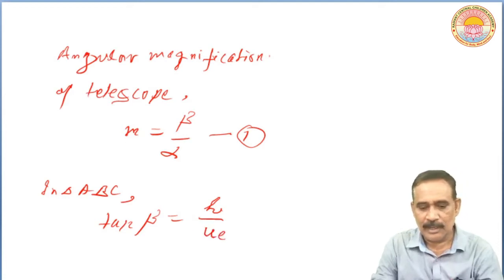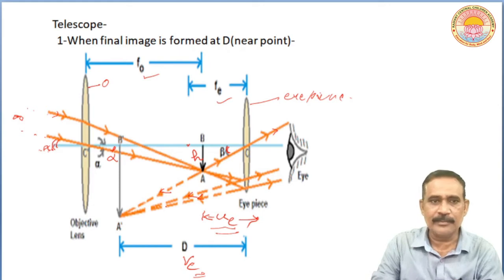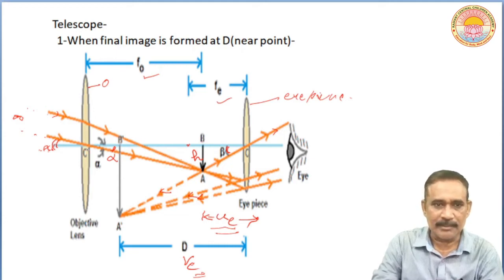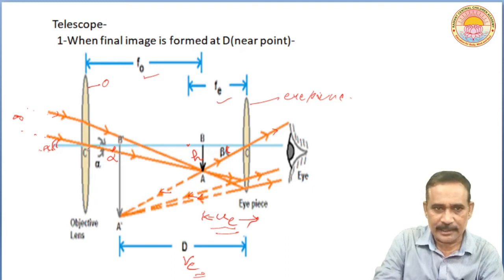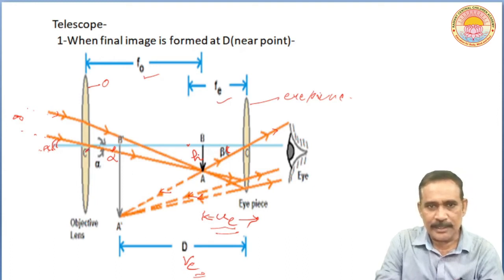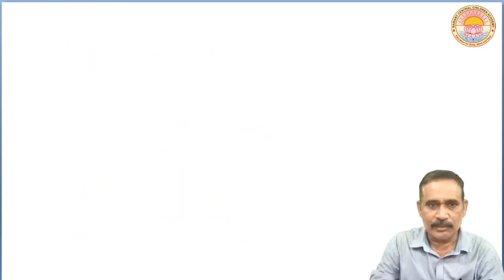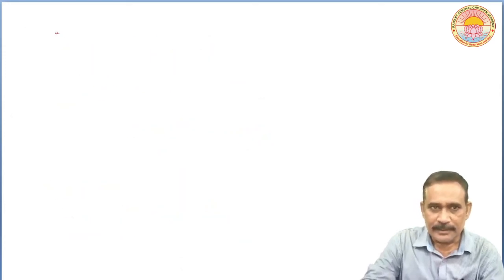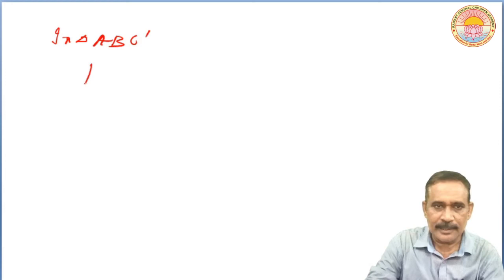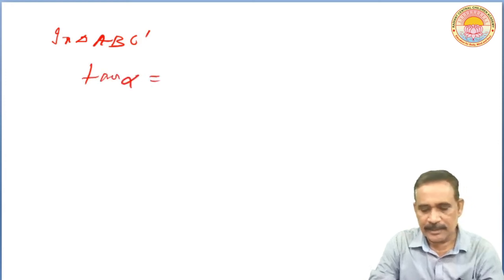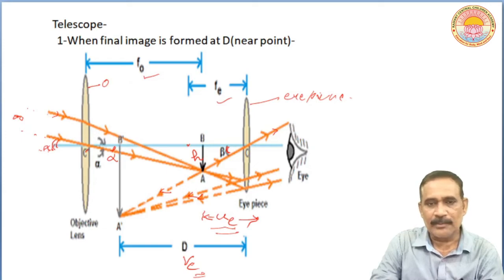And next, to calculate the value of alpha, in this triangle, this is the optical center of the objective, suppose this is C'. So in triangle ABC', tan alpha equal to perpendicular by base.